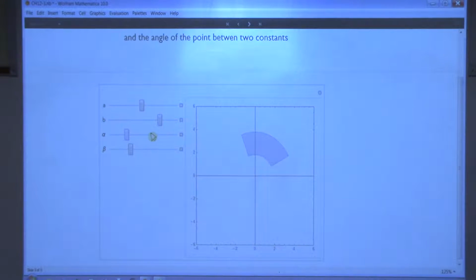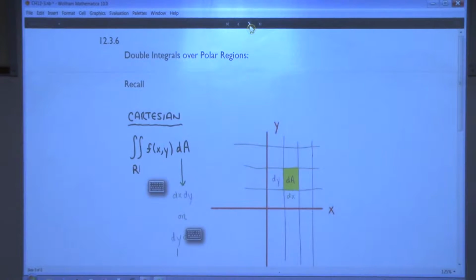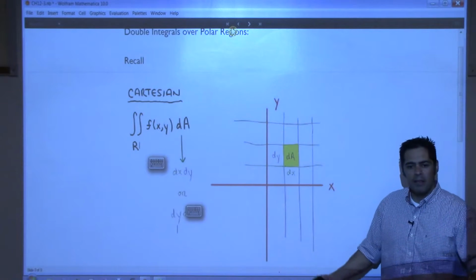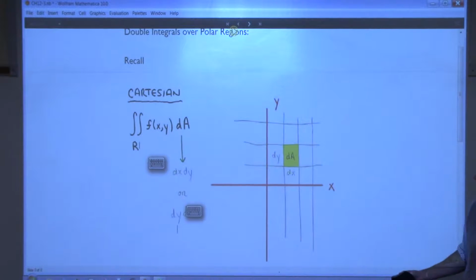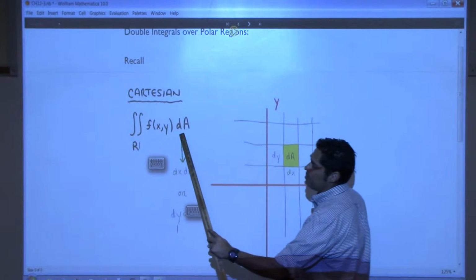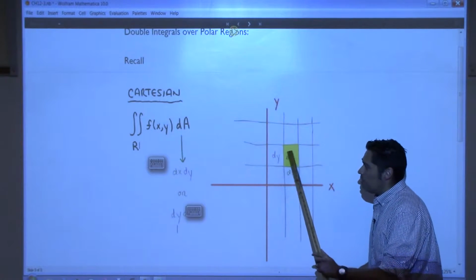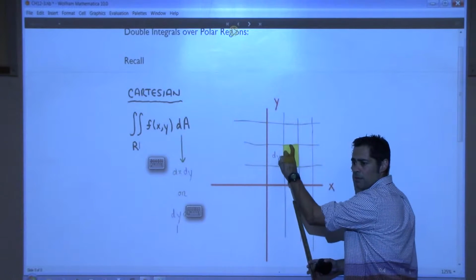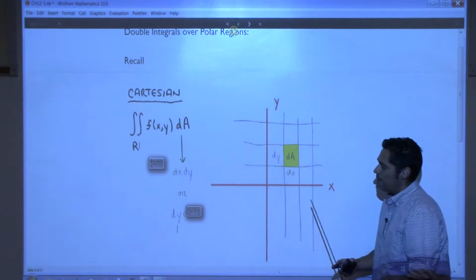All right, with me? So remember from double integrals, when we first started, we were integrating in Cartesian coordinates, we weren't even talking about polar yet. The way we set it up was we said that this little differential dA represented this infinitesimal little area, which we got by multiplying dx and dy, because area is length times width, right?